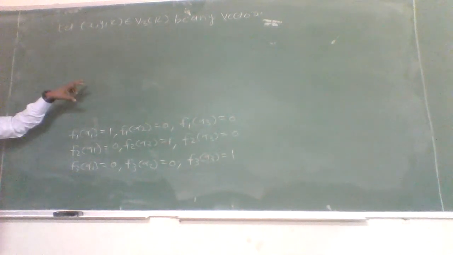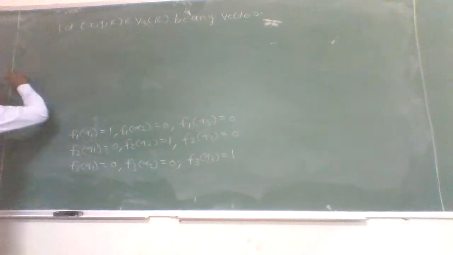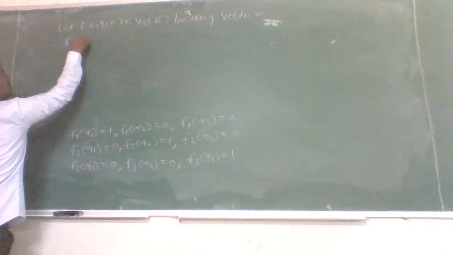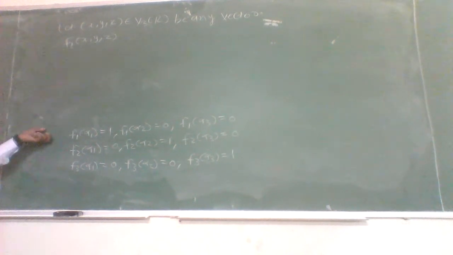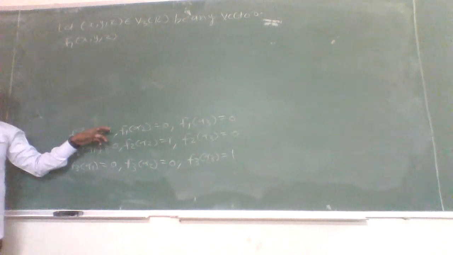Now we can use either of these two methods to find out the dual basis. So let f1 of (x, y, z). We know that f1, f2, f3 are three linear functionals since they belong to V star.